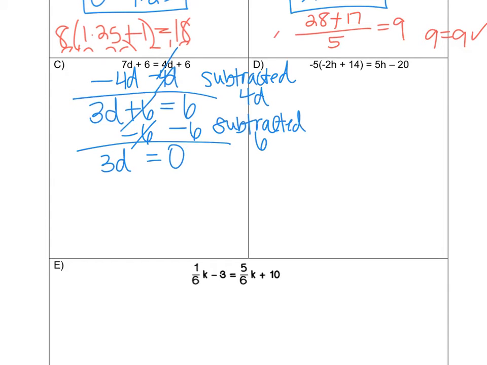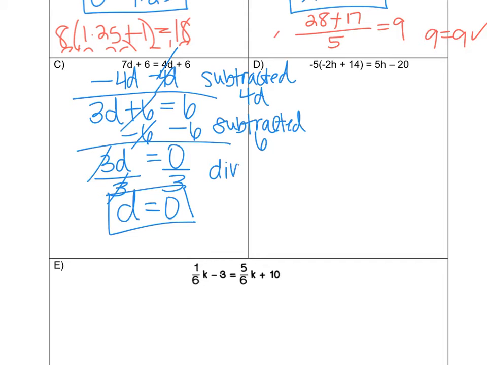And then now I need to solve for d. So I need to divide each side by 3. 3 divided by 3 is 1, so I'd be left with 1d equals 0 divided by 3, which is 0. Remember, that's okay. 0 is an actual answer. So on this step, we divided by 3.